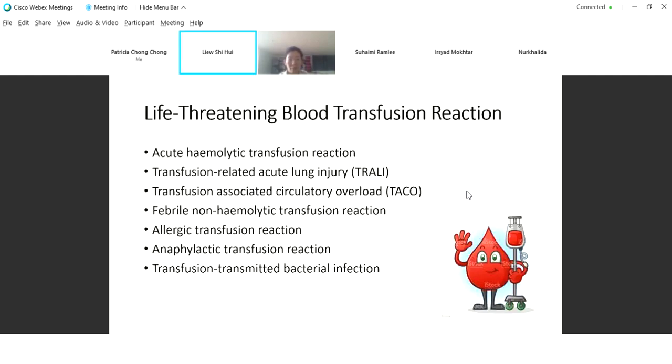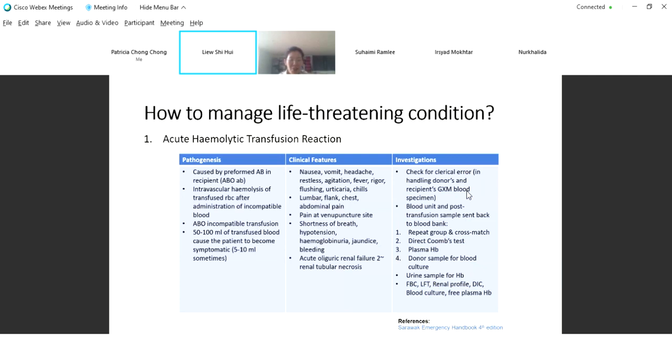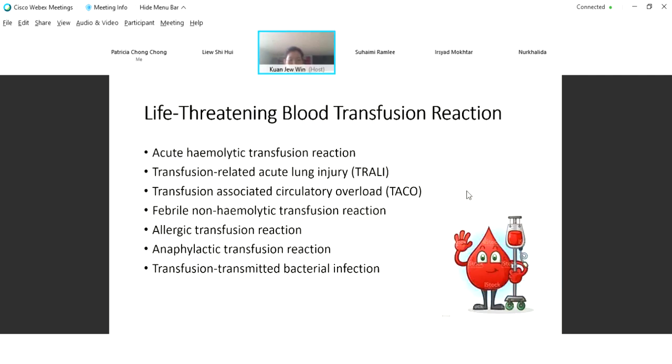So here are the life-threatening blood transfusion reactions. Go back. I disagree with some of the things that you put in.